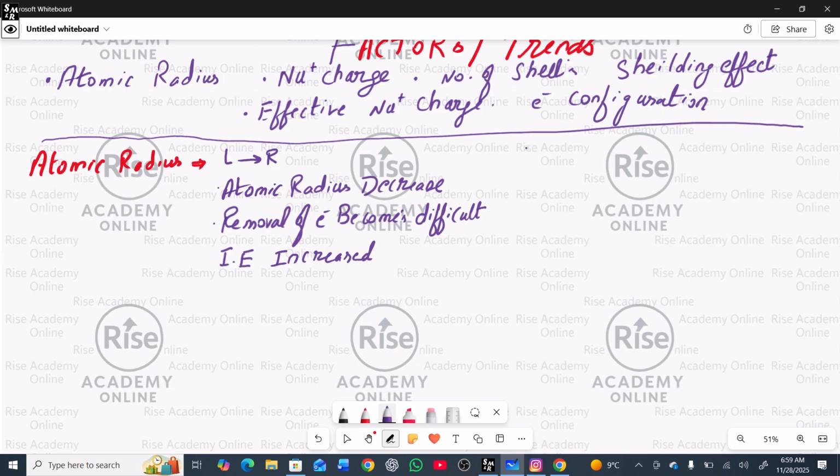Now in moving from top to bottom in a group, a very opposite trend is observed. As you know that in the previous lecture we have studied that atomic radii increase in a group. So as the atomic radii increase, the hold of the nucleus on the valence electron decreases. Removal of electron gradually becomes easy.